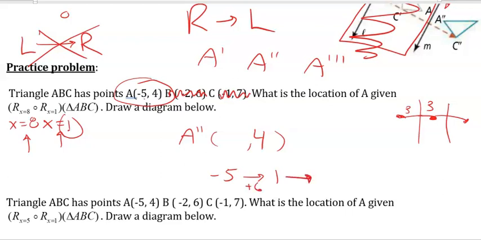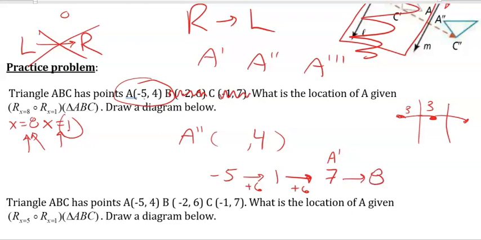So then how do I go away from that line of reflection? I'm going to add 6 again. So where's the new location? 1 plus 6 is 7. So A prime will have an x coordinate of 7. Now we have to flip over the next line. How far is 7 from 8?